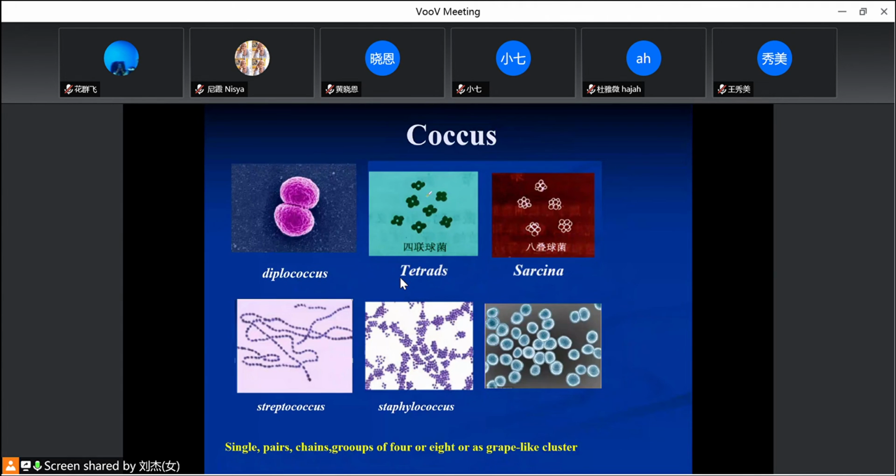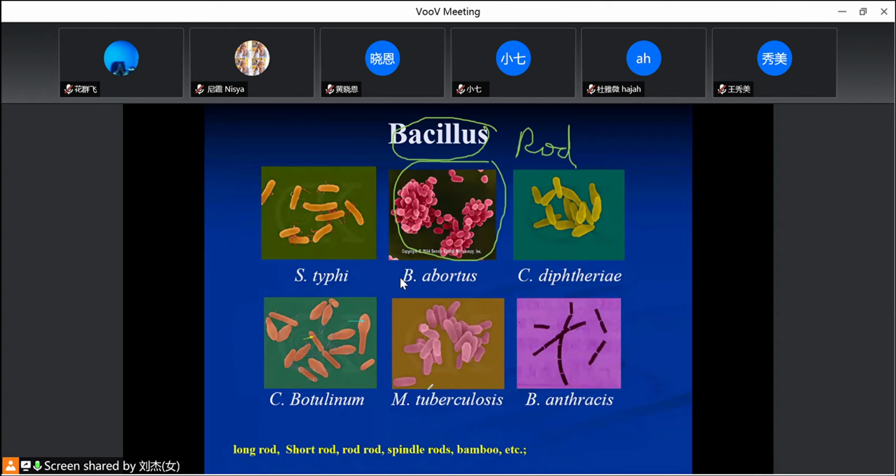Here we introduce the coccus, and some of the coccus look like grape because they form grape-like clusters. Here, you can see it also looks like grape. However, if you see this one, it's not round because this is longer and this is shorter, right? So this one belongs to the short rod.